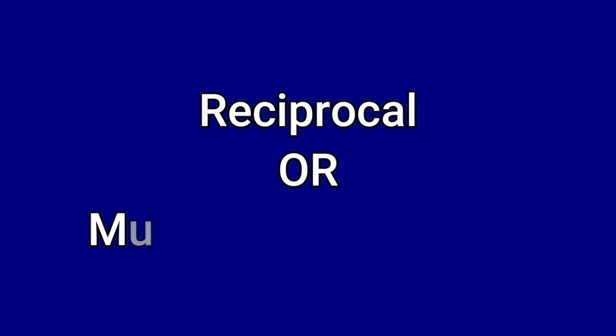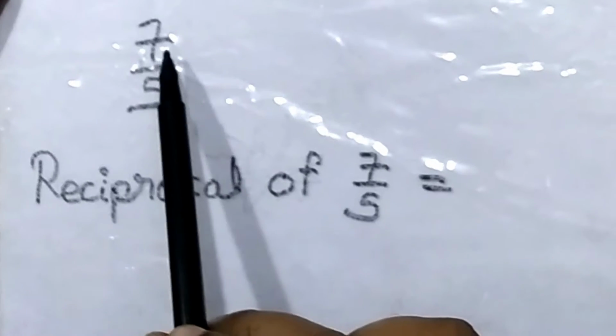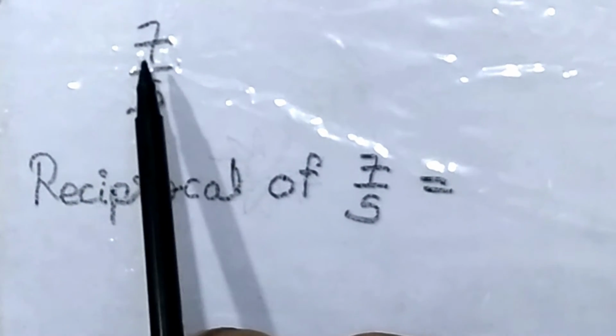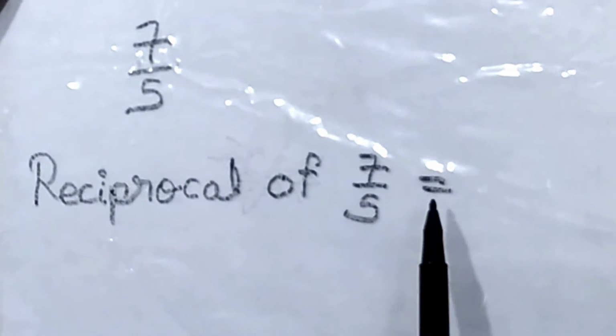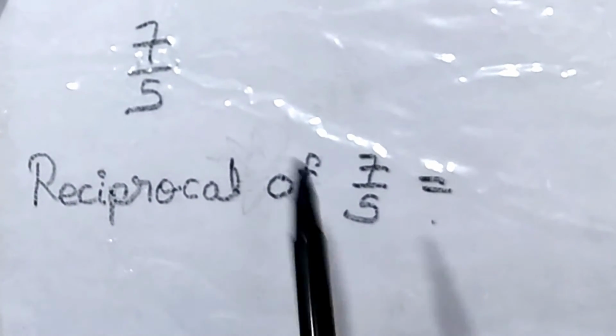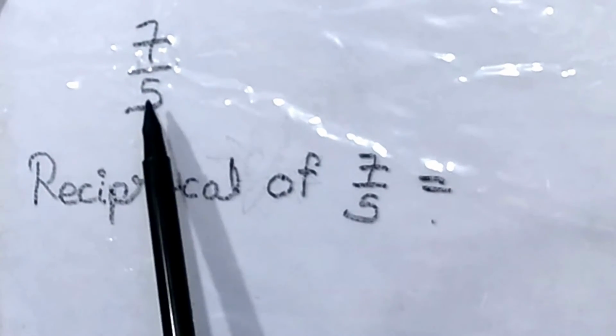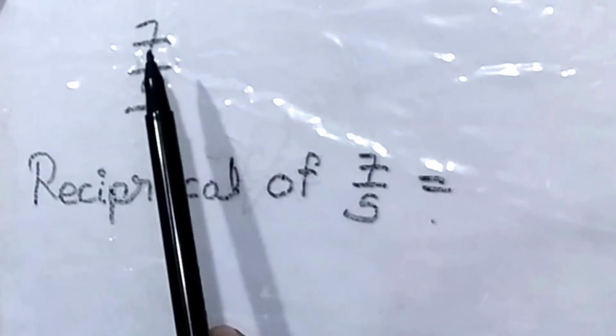Next we will see what is reciprocal or multiplicative inverse. See this fraction 7 upon 5. Reciprocal or multiplicative inverse means that 7 is in the numerator and 5 is in the denominator, right? So the reciprocal means the number in the numerator goes to the denominator and the number in the denominator comes to the numerator.